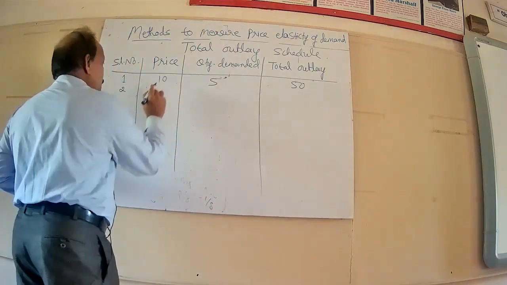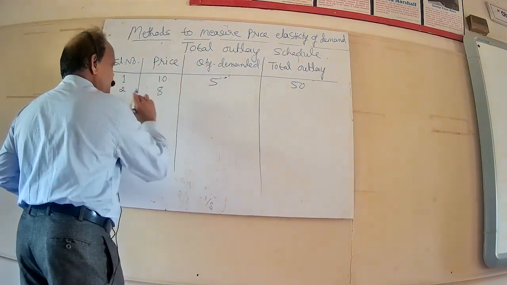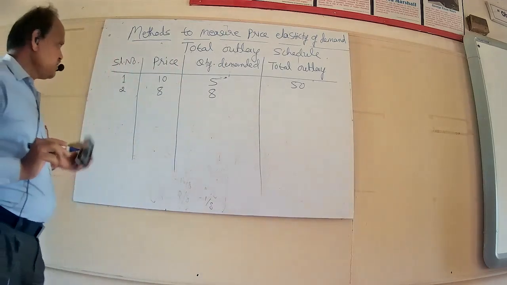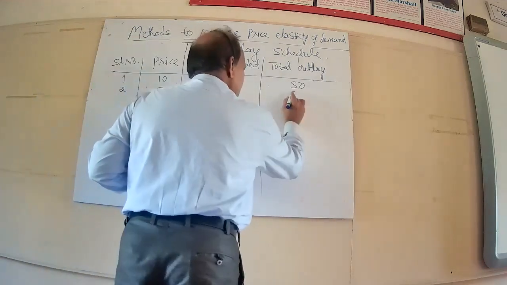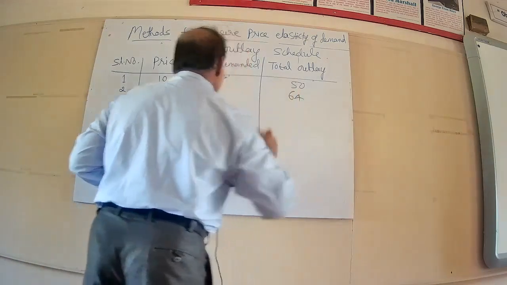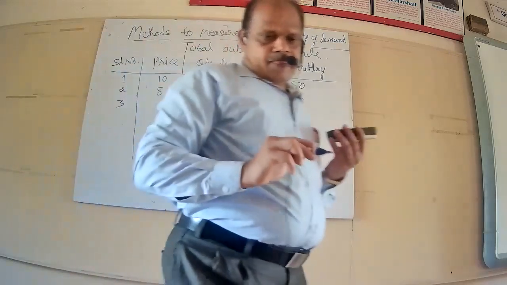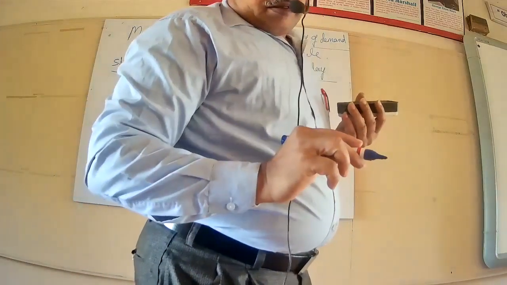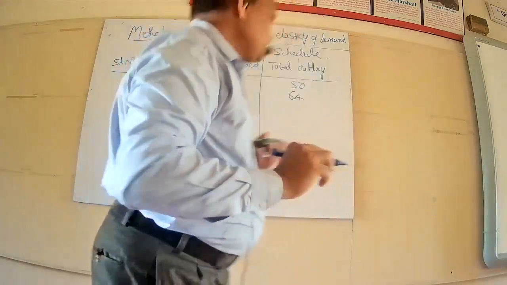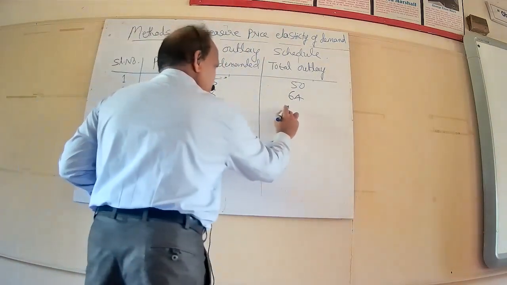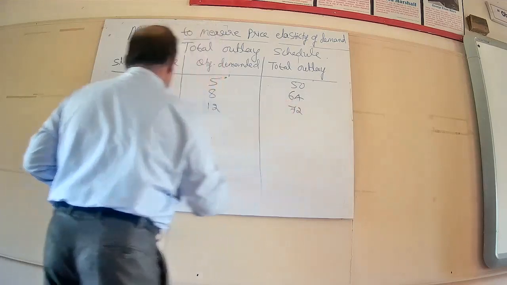When price decreases to ₹8, quantity demanded extends to 8 units. 8 into 8, total outlay will become 64 rupees. Third, price 6, quantity 12. 72 rupees will be the total outlay made on that commodity.